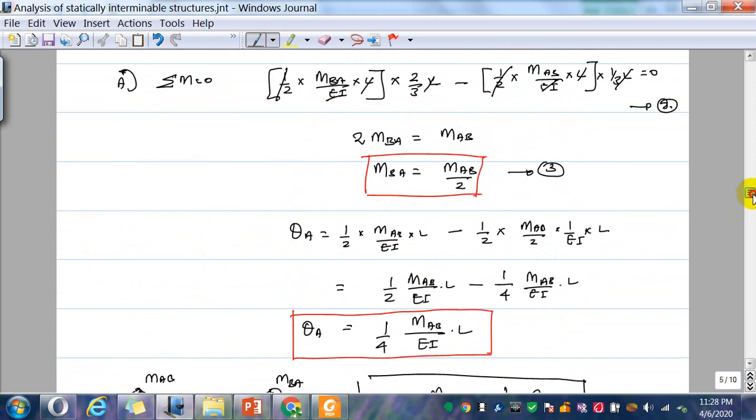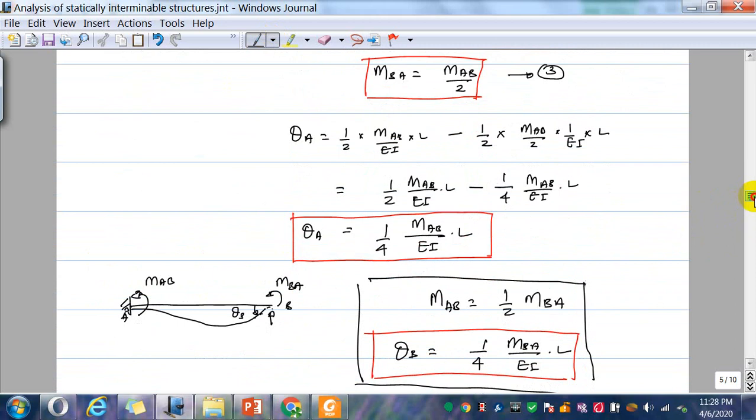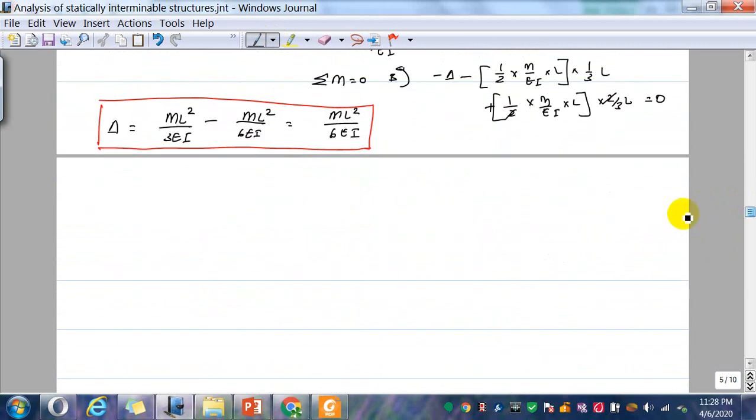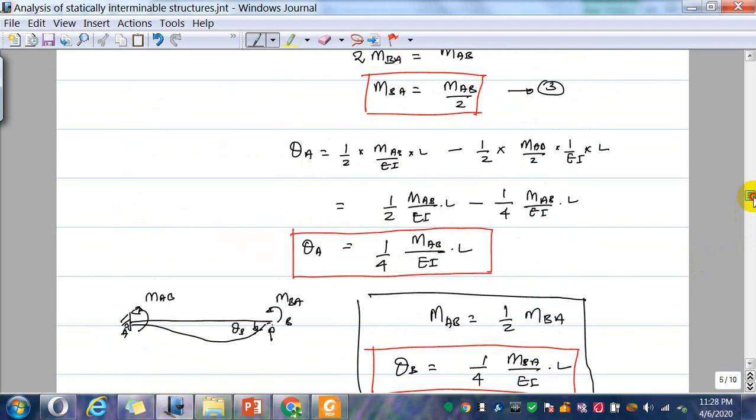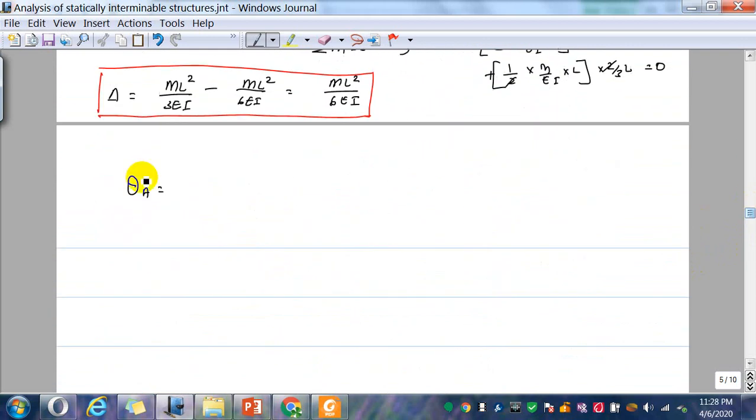So now let's write theta A. Theta A is equal to MAB L over 4EI.